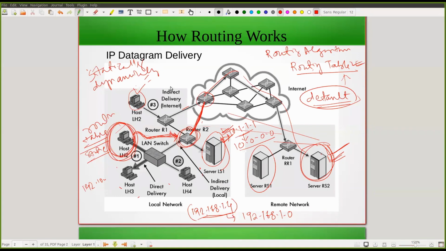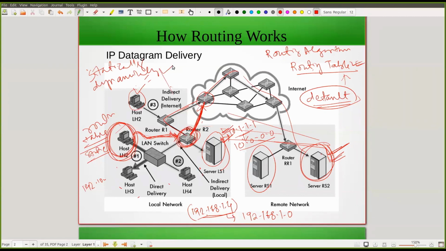Now, whenever this router is supposed to deliver to this, at one time it may follow this path, at another time it may follow this path. That means depending on the condition of the network, the path may change from time to time. Dynamically the path needs to be changed; it cannot have a fixed path. So that's why at the router end, a dynamic approach is preferable over a static approach.